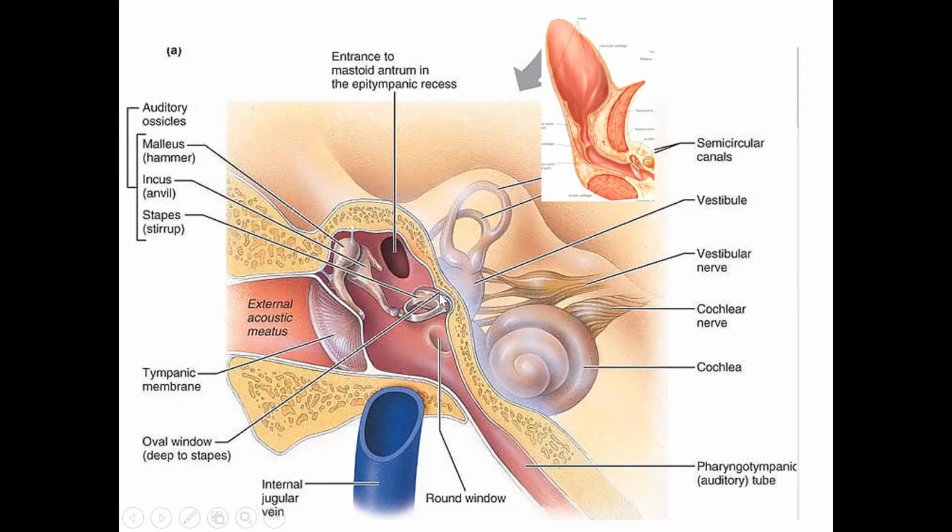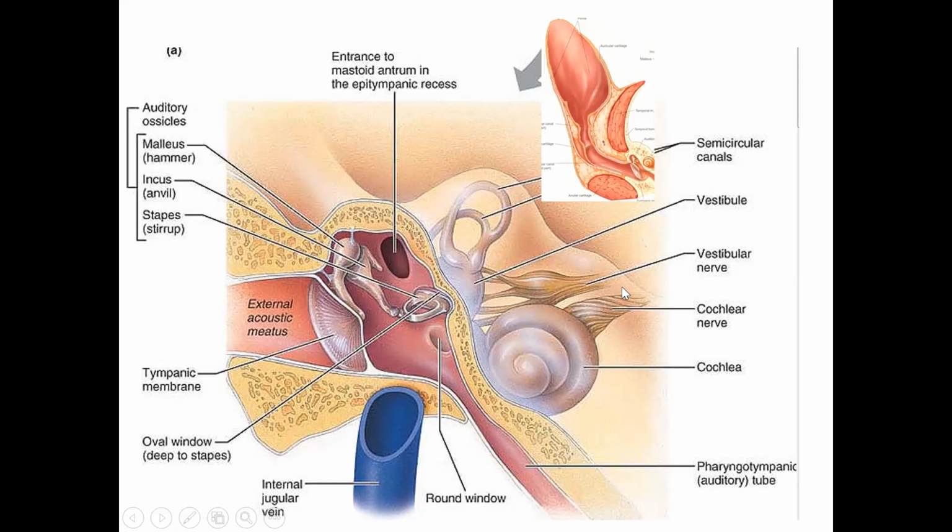And when the stapes is vibrating at this small window-like opening, it is transferring the vibration into the fluid which is present in the inner ear structures. And when that fluid vibrates, that mechanical energy is converted by the receptors, or the neurosensory epithelium, into electrical energy. This is how sound is perceived.